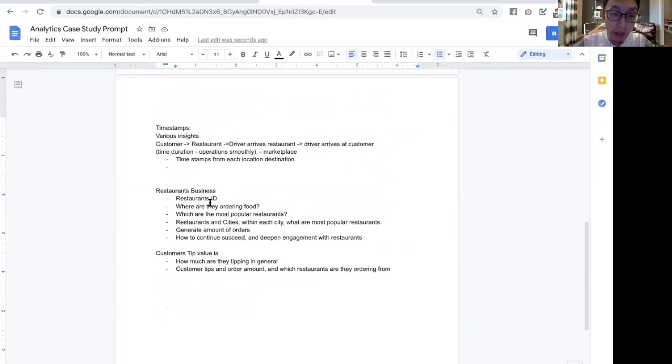And then other things on the restaurant side, as I've said, like how can we deepen the engagement with the restaurants that we care for? And then also identify restaurants that are not doing so well, right? We want to ask why have we partnered with them, and how can we improve this partnership, or is there just something fundamental about restaurants that we shouldn't work with, right? So I think these are good business case questions.